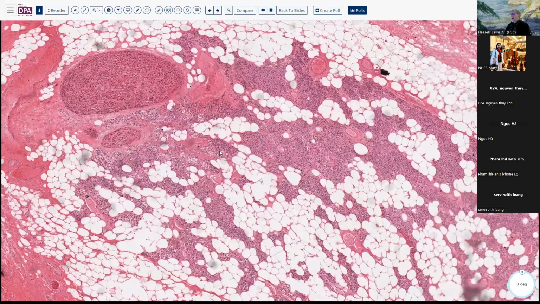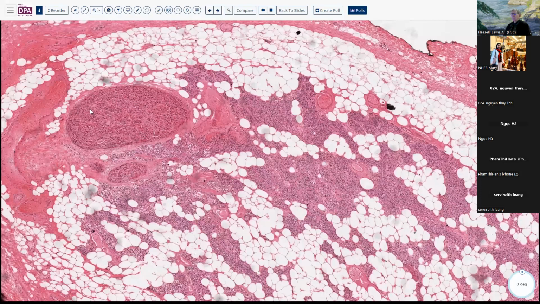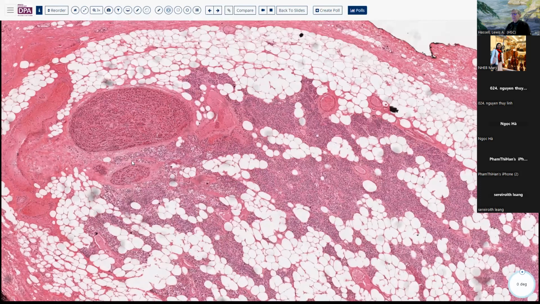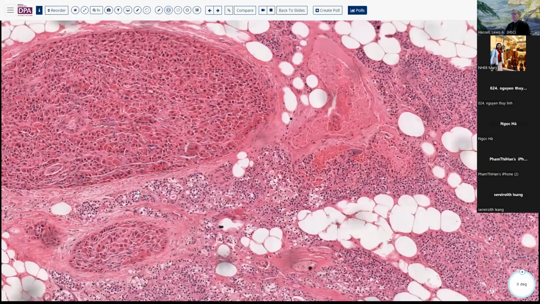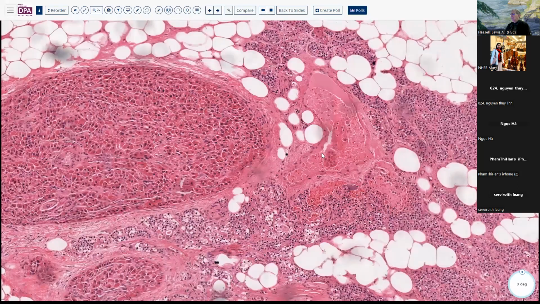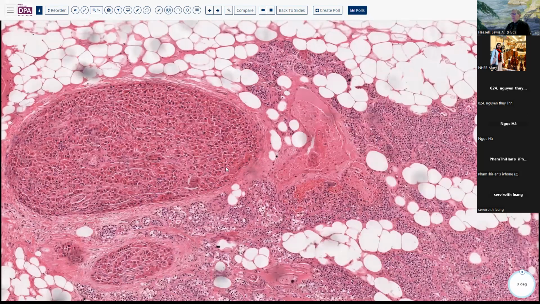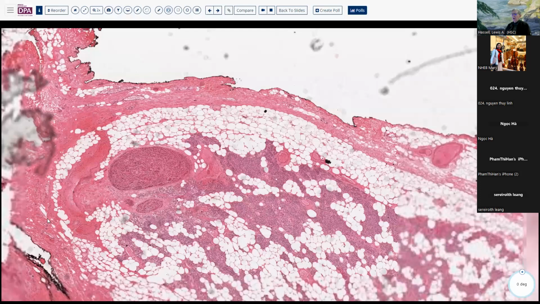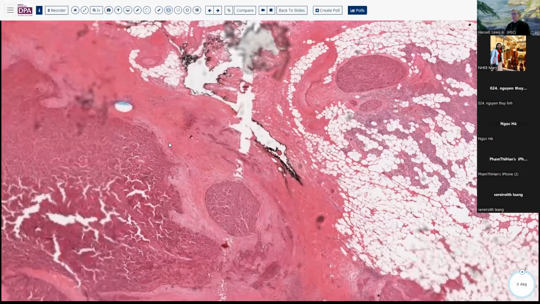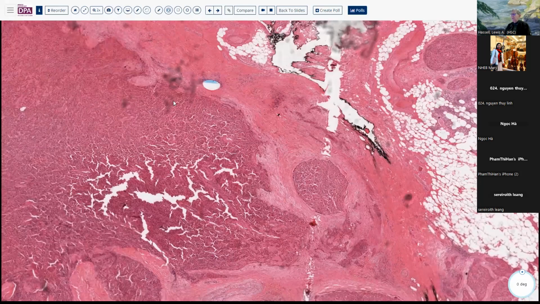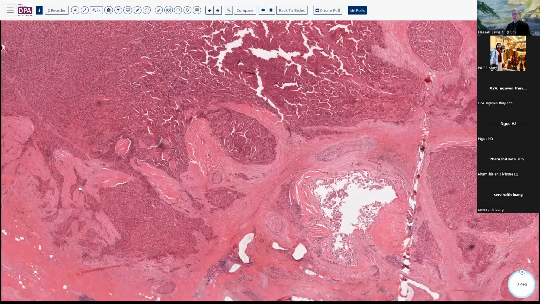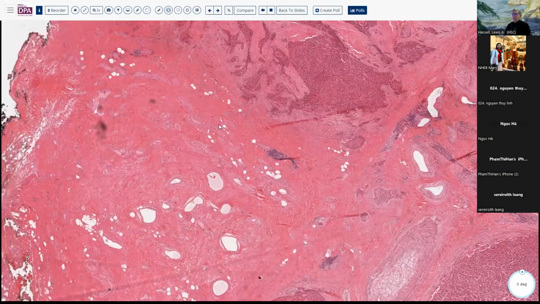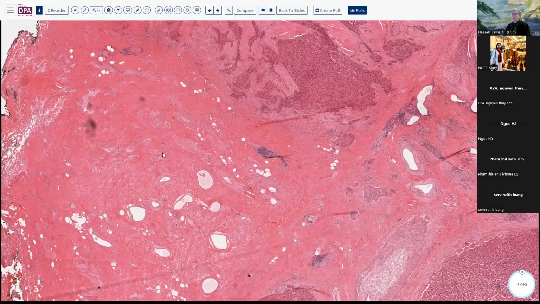Here's a normal parathyroid gland, and we have two little nests of neoplastic cells here, maybe within vessels, hard to tell. Here it looks like we have tumor inside a vessel there. And then we also have the tumor invading, and causing a very dense sclerotic reaction with a clearly invasive pattern into the adjacent soft tissues.